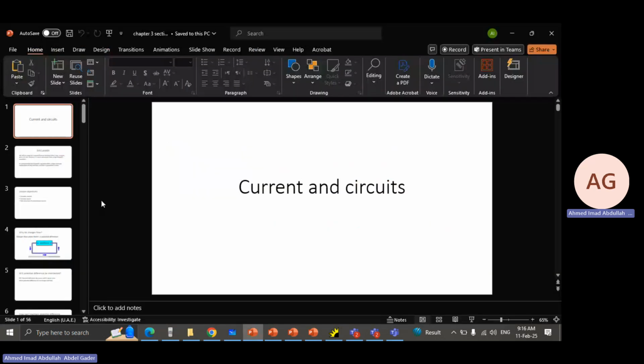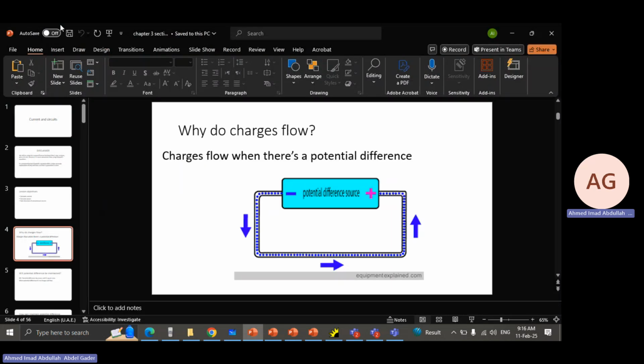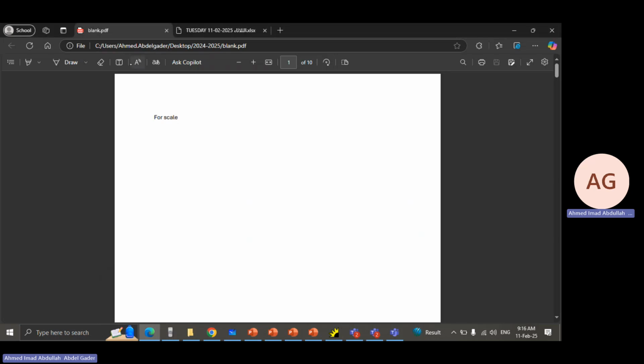Okay, first thing we will note is that charges move because of a potential difference, similar to how water flows when there is a potential difference or a height difference.